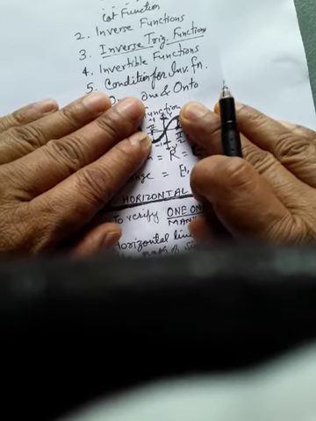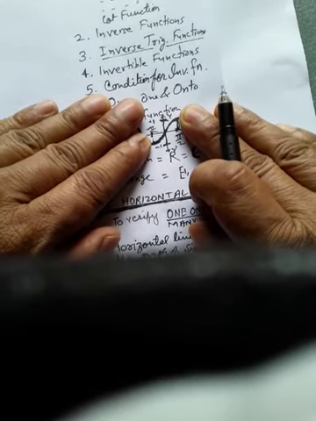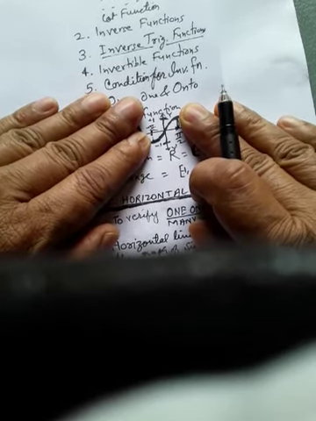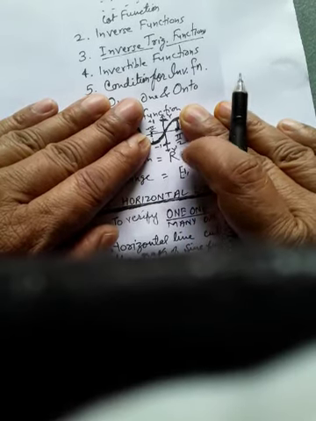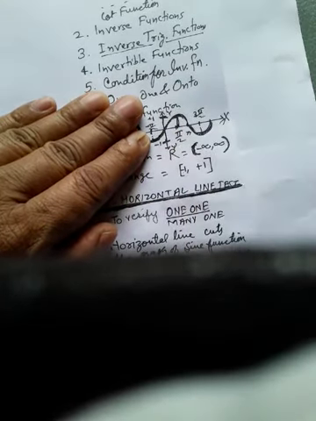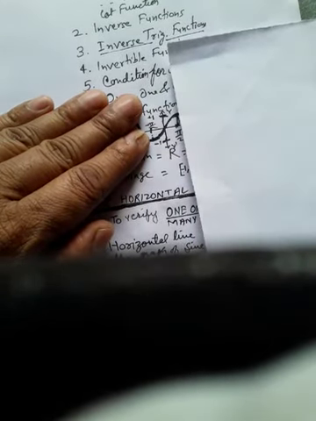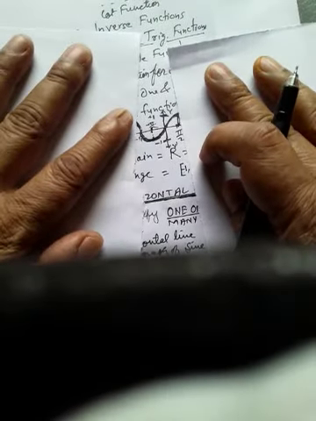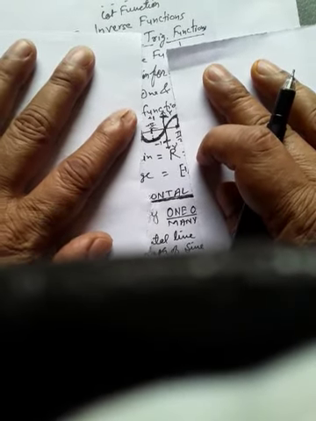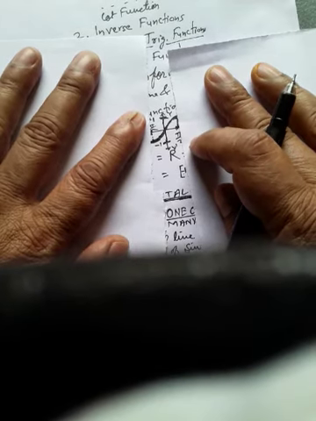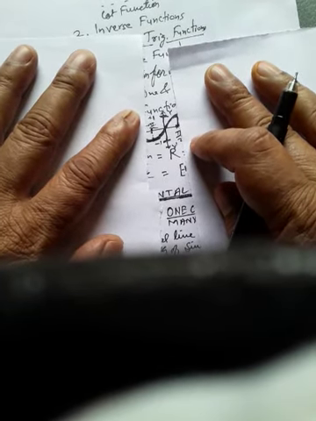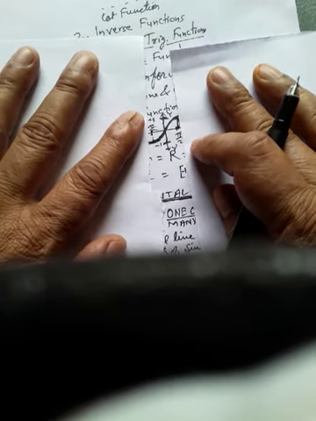You will restrict the domain. I am saying this part only, not the whole. Don't go beyond this, dear children. Can you see? Minus pi by 2 to plus pi by 2.